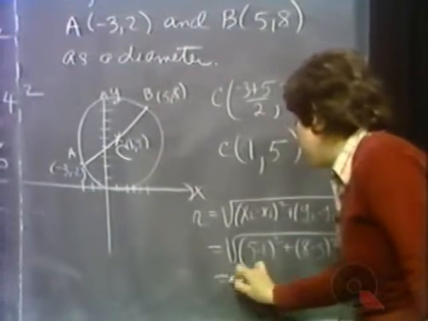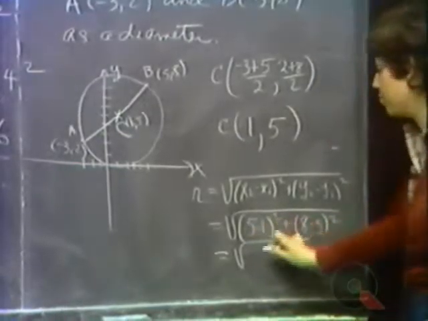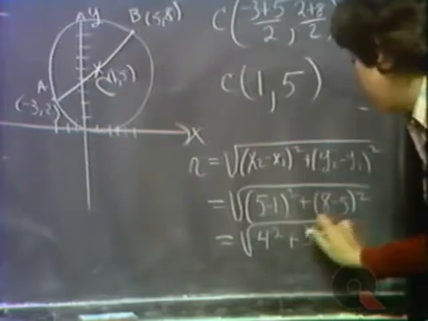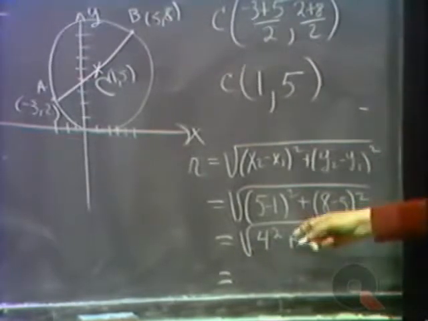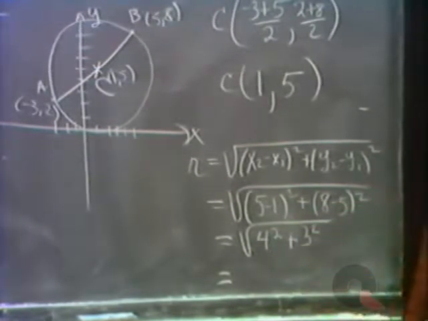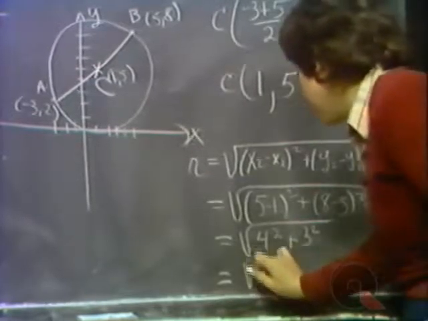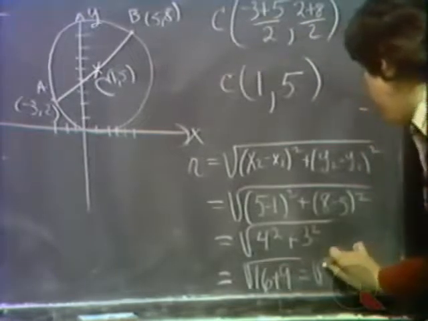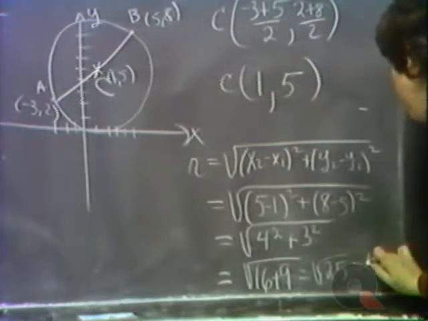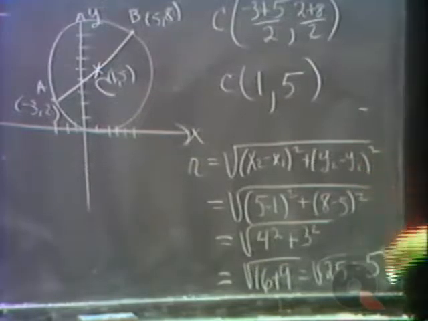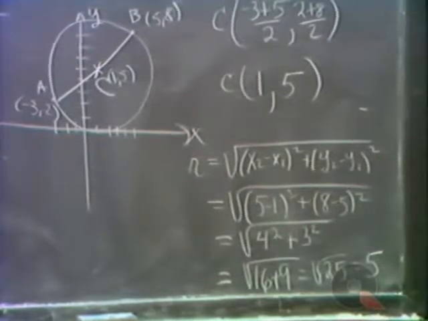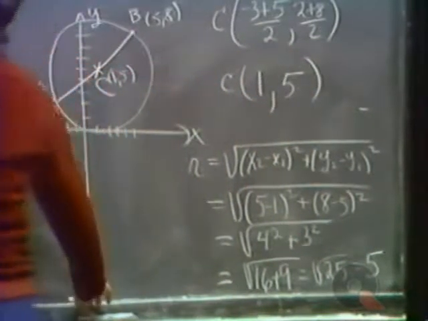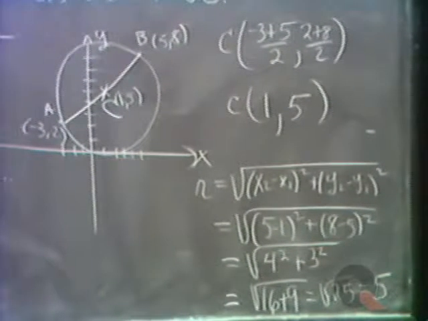The square root of 5 minus 1, that's 4 squared, plus 3 squared, which is either you recognize it right away as a 3-4-5 Pythagorean triple, or you say the square root of 16 plus 9, the square root of 25, or 5. So the radius here is equal to 5. We now know the center and the radius, so we're prepared to finish off the problem.